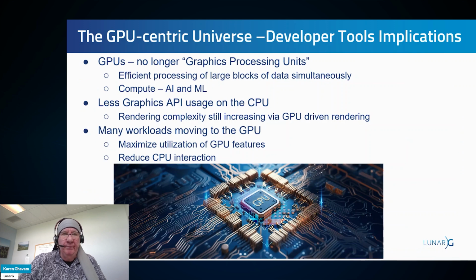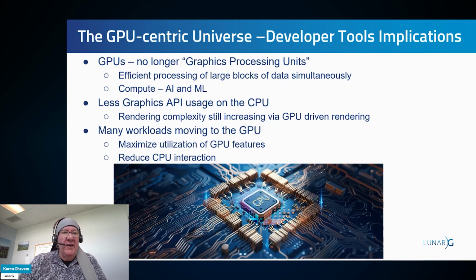GPU-centric universe. In that, GPUs are not just for graphics anymore. They're specialized hardware designed for efficiently processing large blocks of data simultaneously, and it makes them ideal for graphics rendering and accelerated complex computations that you find in artificial intelligence and machine learning.